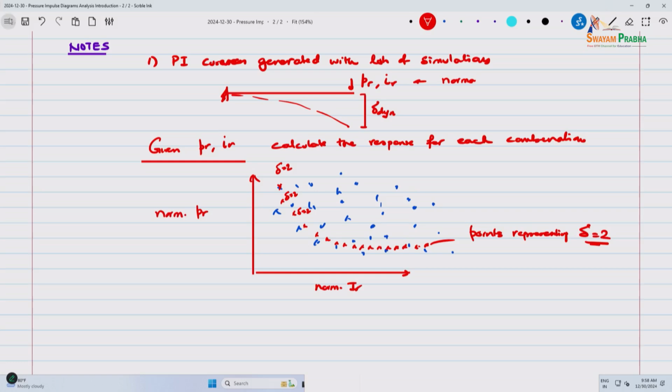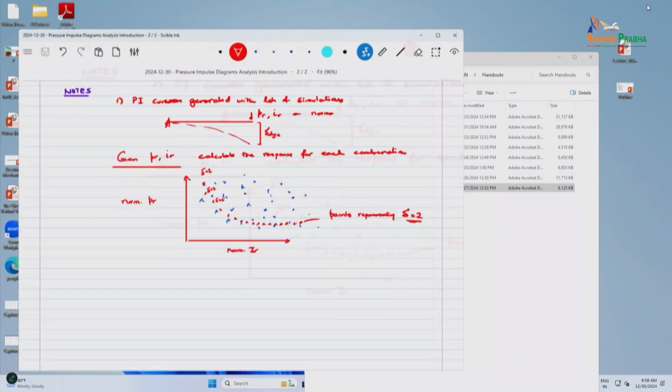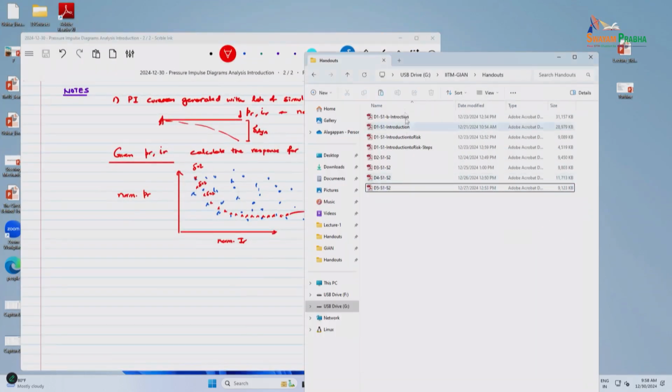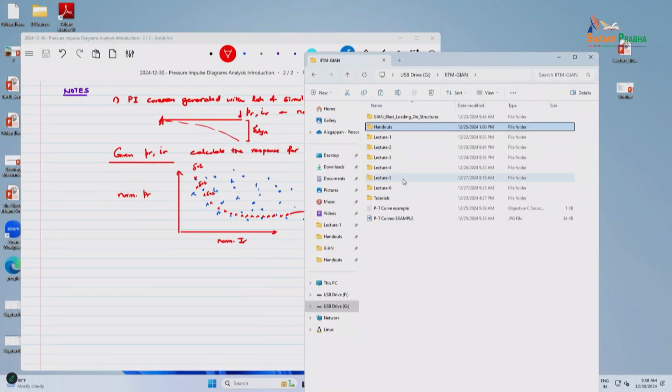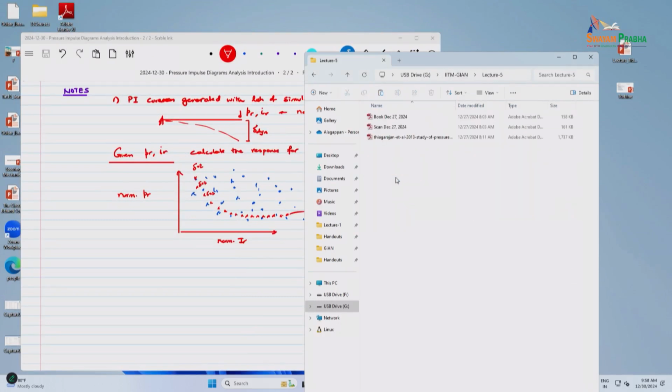To give you an example, I'm going to switch the screen. I wanted to show you an example of what we did a while back, and there are numerous such examples.